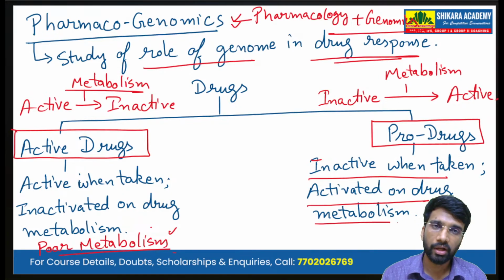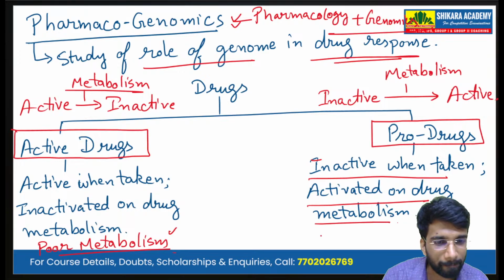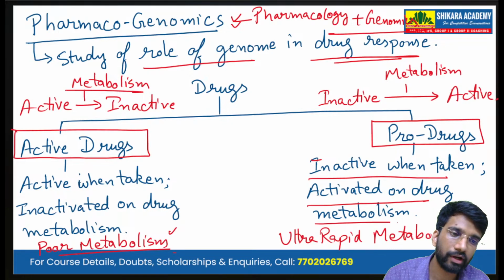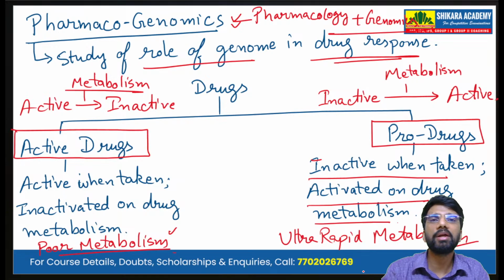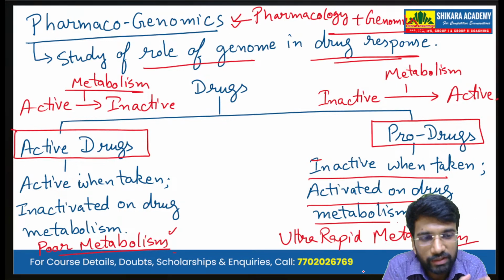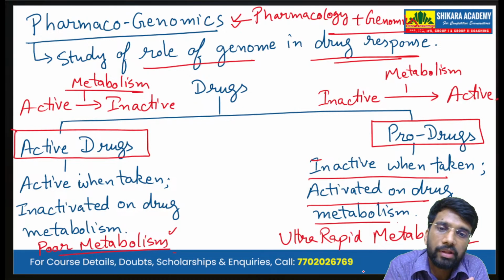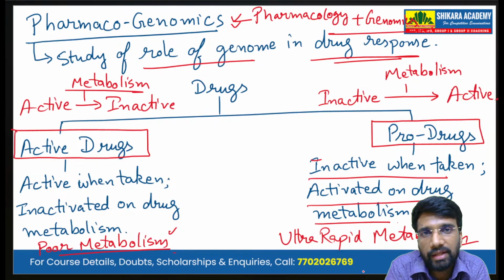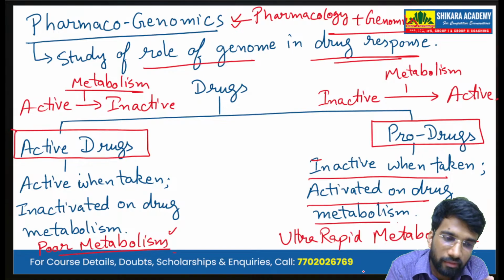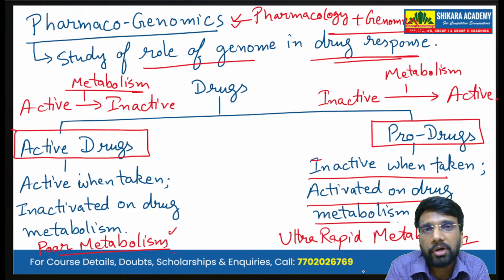Okay, so poor metabolizers, the individuals who have poor drug metabolism in their body, take the active drugs. For people who have ultra rapid metabolism of drugs in their body, they are required to take the prodrugs. Because if their metabolism is really very rapid and they take the active drug, their body will quickly metabolize that drug and the drug will become inactive.